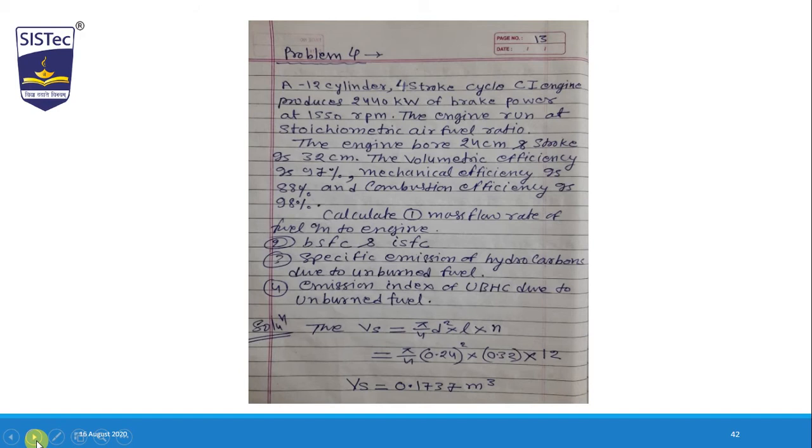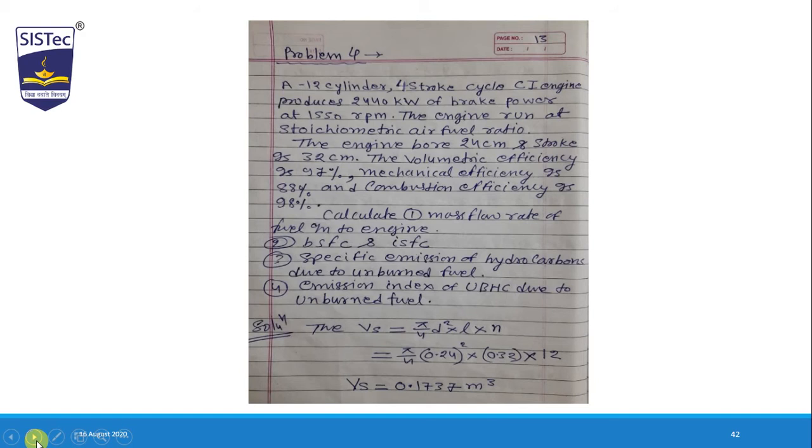The engine runs at stoichiometric air-fuel ratio and the engine bore is 24 centimeter and stroke is 32 centimeter. The volumetric efficiency is 97%, mechanical efficiency is 88% and combustion efficiency is 98%.